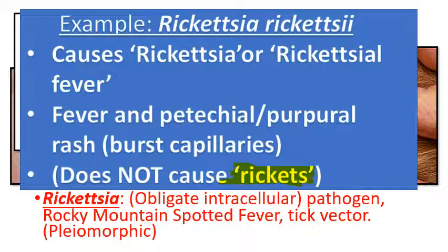And one of the signs of rickettsial fever is that you have petechia. You have either petechia or purpura. You have a petechial rash or a purpural rash. And this is caused by capillaries under the skin bursting to cause red spots.